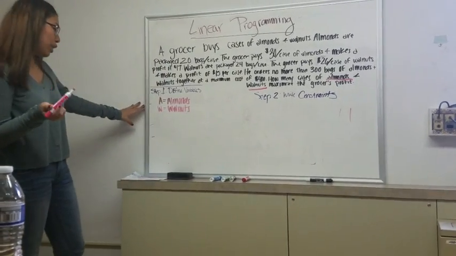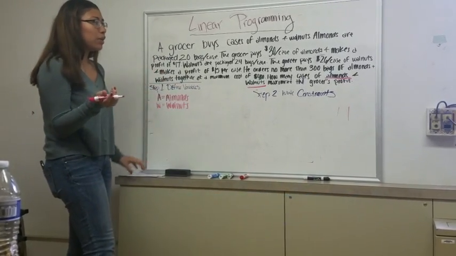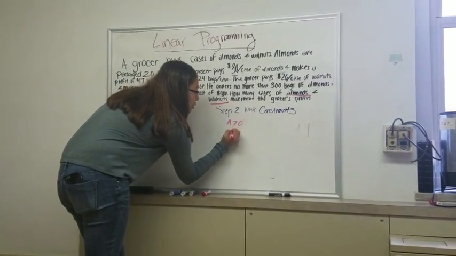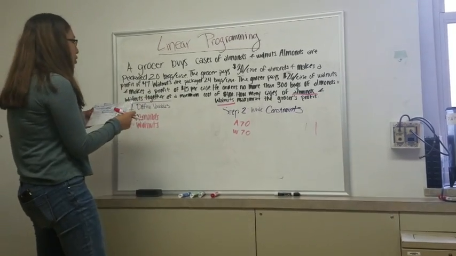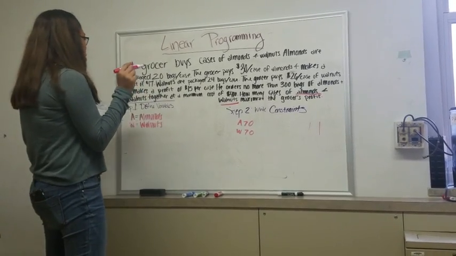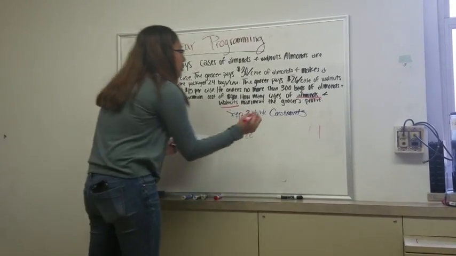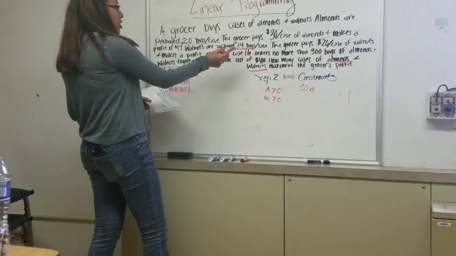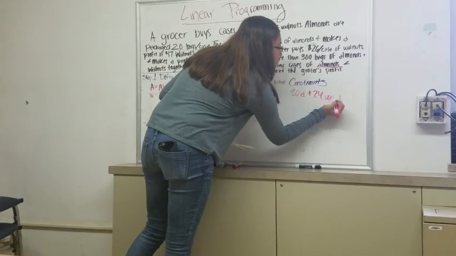After this, we have to write the constraints. So we know that A and W can't be less than 0, so A has to be greater than or equal to 0 and W has to be greater than or equal to 0. After this, each almond case is packaged at 20 bags per case, so we do 20A, and walnut is packaged at 24, so that's plus 24W.